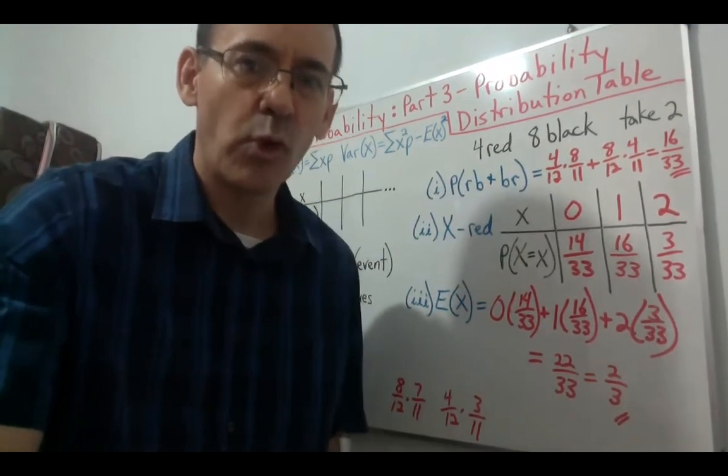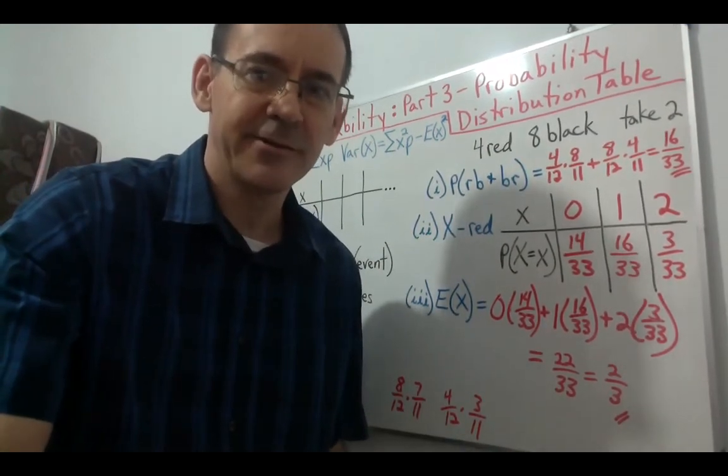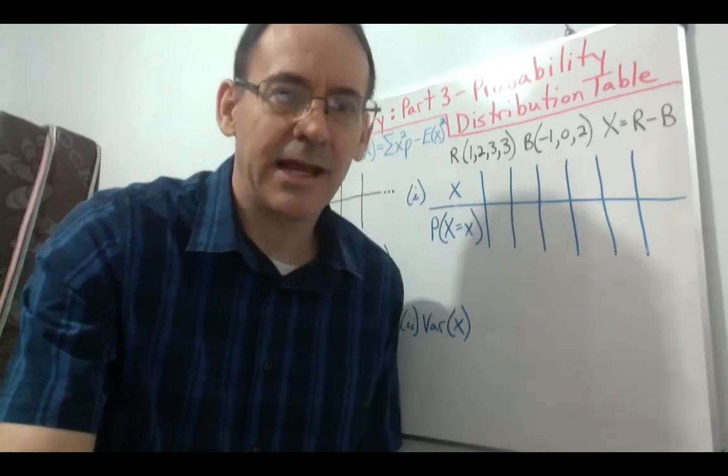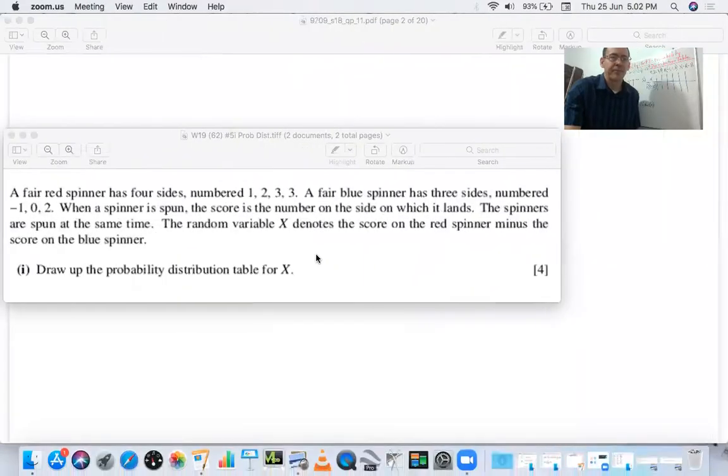Let's look at one more example together. Okay, let's look at our last example here. Now we have spinners, a fair one, and when it says fair, it means you have an equal chance of getting any particular value on the spinner.